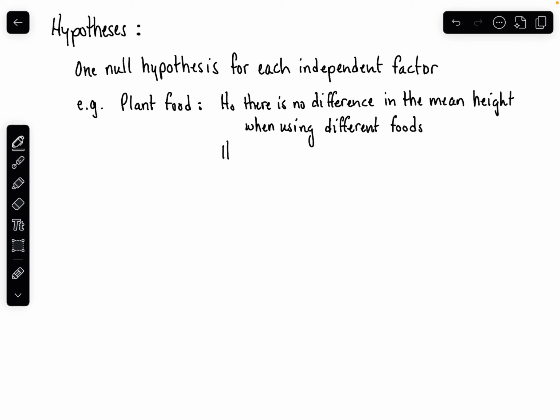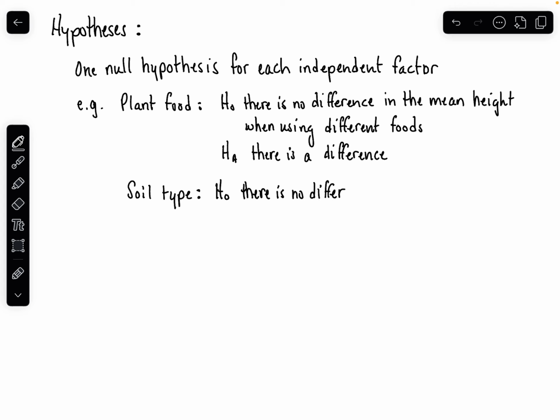Of course, then, the alternative hypothesis would be that there is some difference. We would have a similar situation for the soil type, where again, the null hypothesis here would be that there is no difference in plant height when using different soil types.